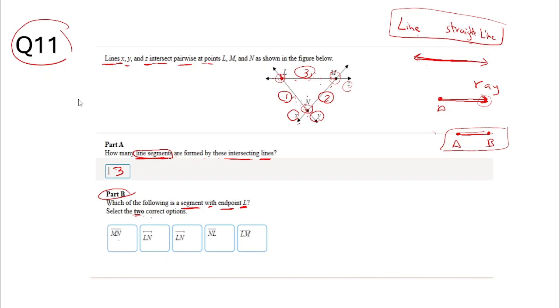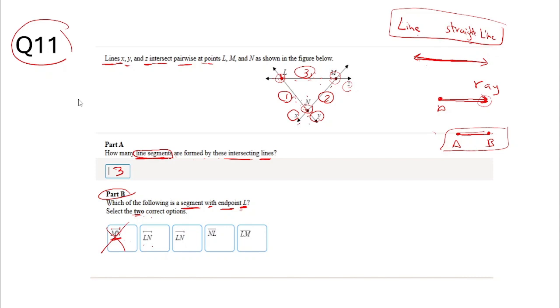So let's see here. First one is MN. These are 2 endpoints, right? But L is not one of the endpoints, so this answer is wrong. Okay, LN.